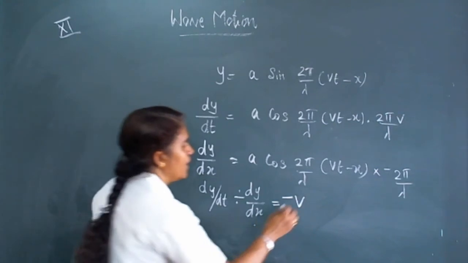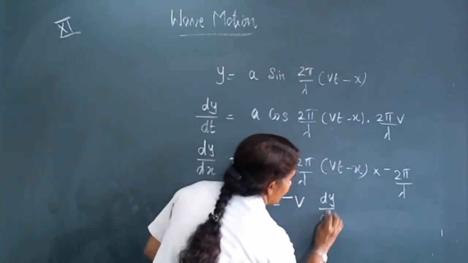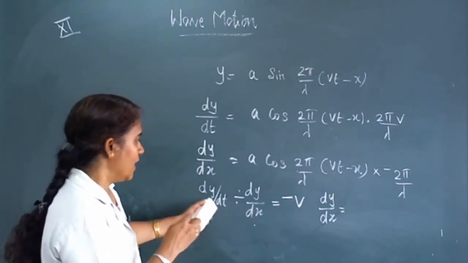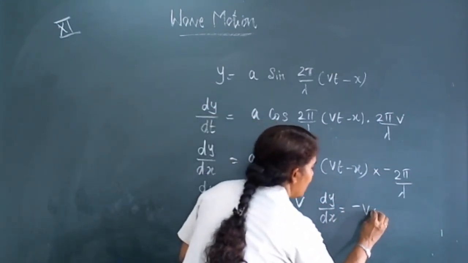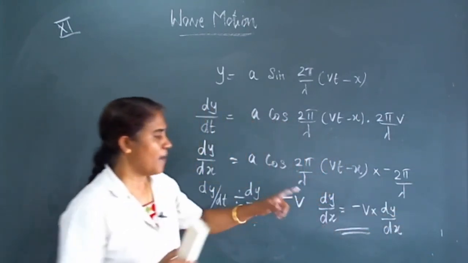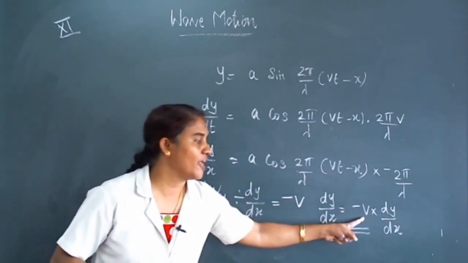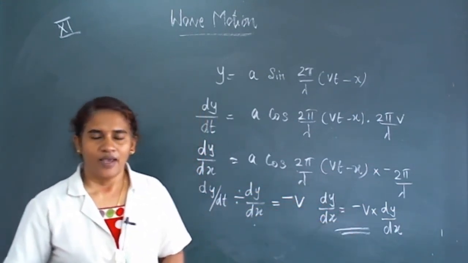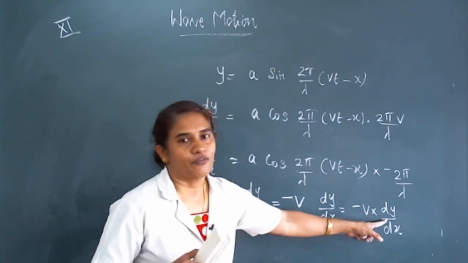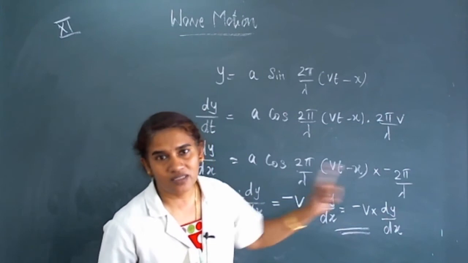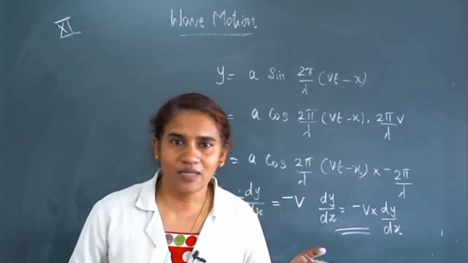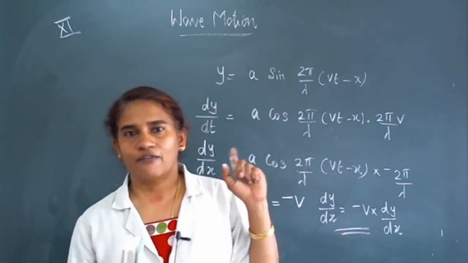Or dy by dt, where y indicates displacement of the particle in wave motion, is equal to negative v into dy by dx. It is the relation between particle velocity and v, the wave velocity. Particle velocity is equal to wave velocity into the slope of the curve. y with respect to x means slope. That is the relation between particle velocity and wave velocity.